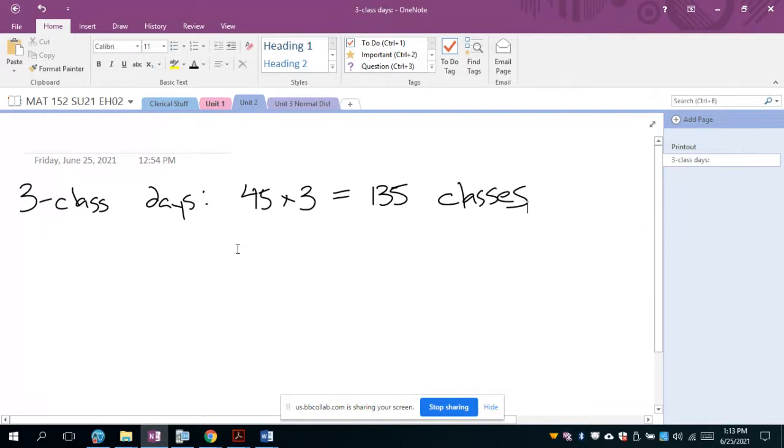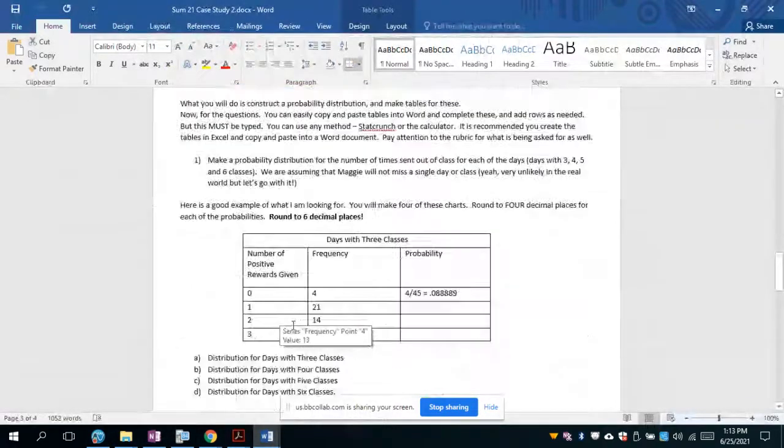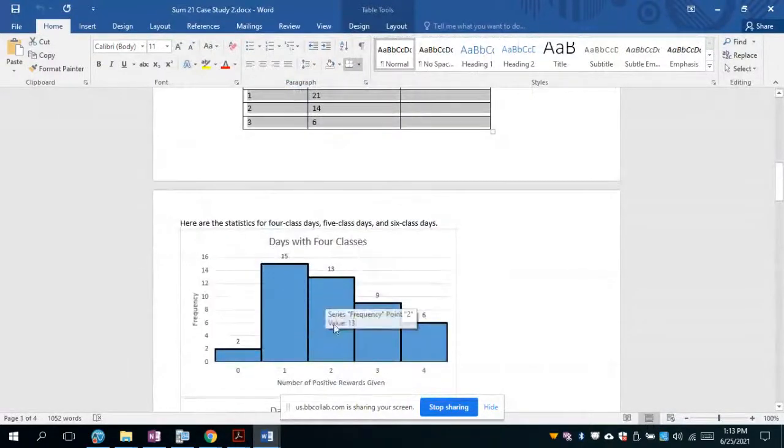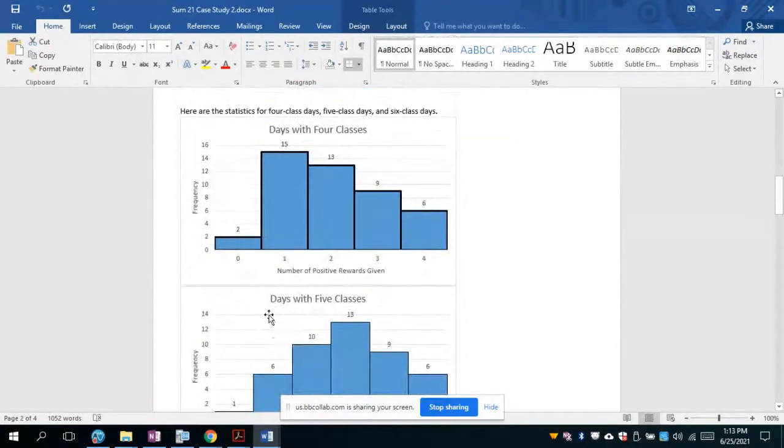Now, for the 4 class days, I'm going to get you started. You would go with this chart, and it would be 0 times 2 plus 1 times 15 plus 2 times 13, and so on.